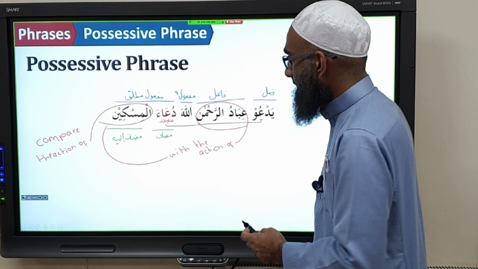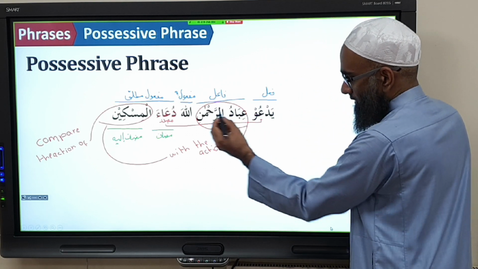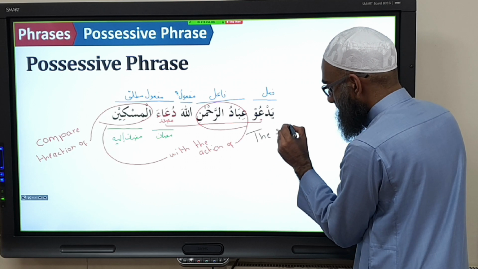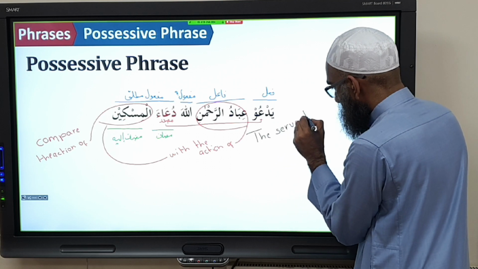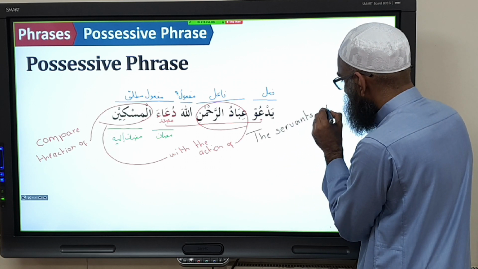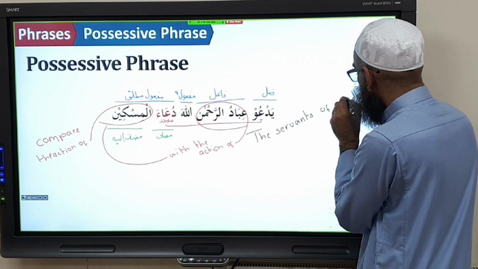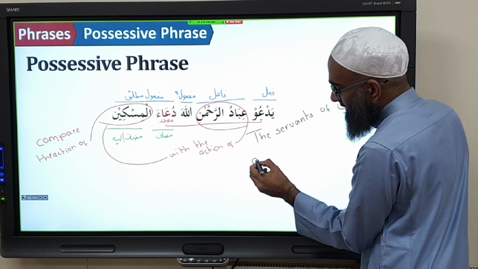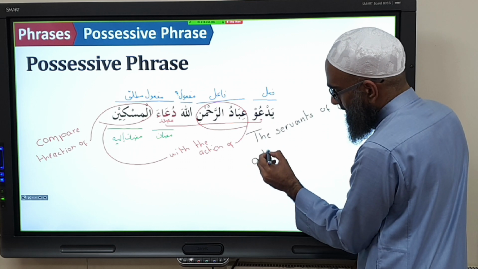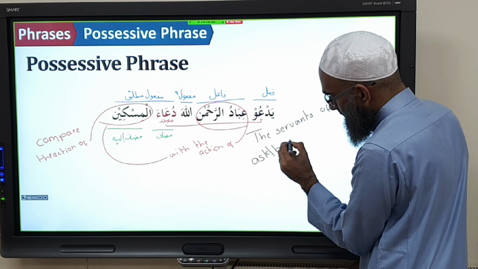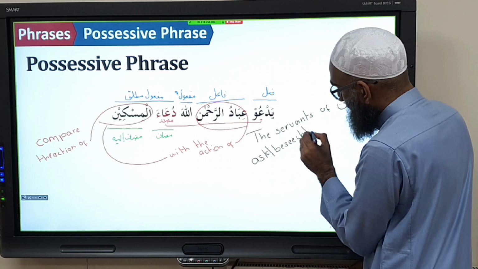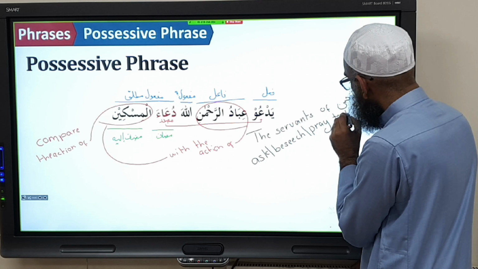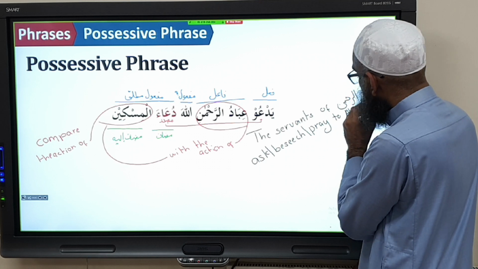So the translation will be, how do we translate this? The fa'il first. The servants of Ar-Rahman, the merciful. What's da'a? Ask, beseech, pray to Allah. Okay? How? We want an action. How?